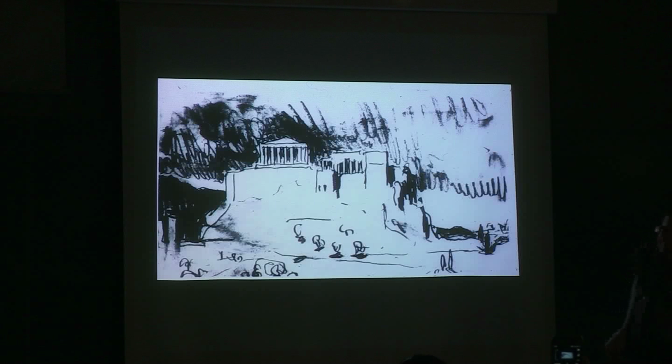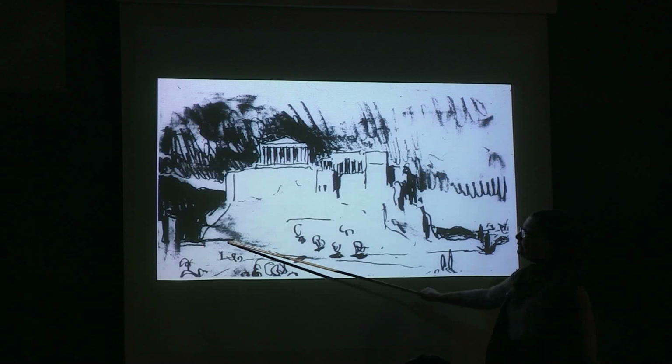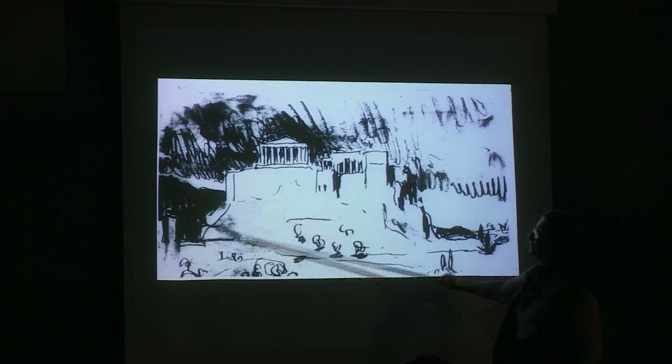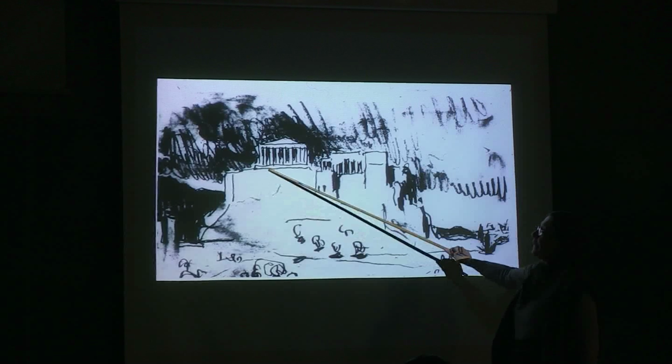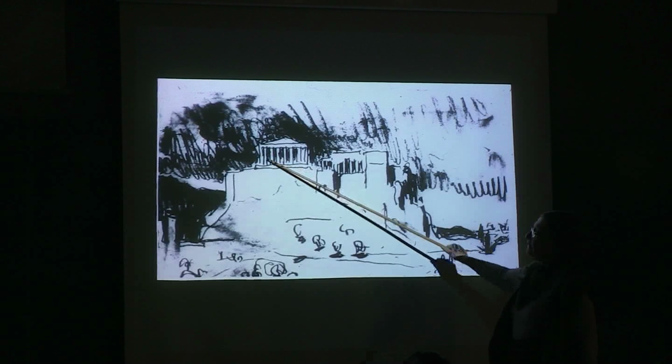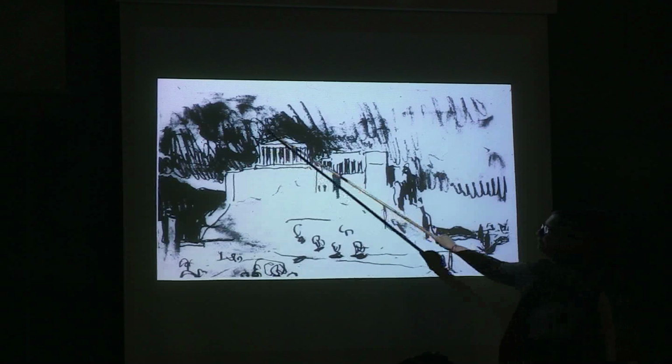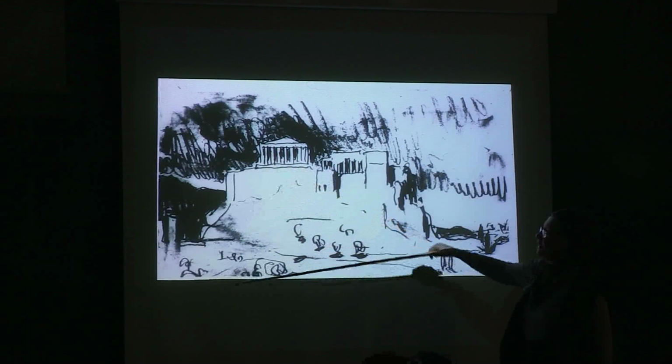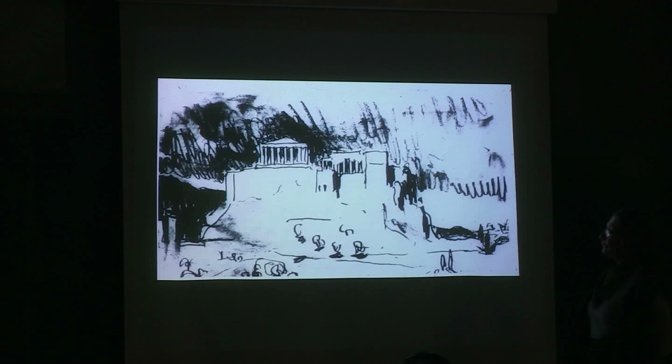We mentioned Le Corbusier, who was also quite impressed by the experience of the Parthenon when he first encountered it. So he sketched the hill of the Acropolis, the pinnacle of the hill, the Parthenon, and all of this under the Aegean sky.